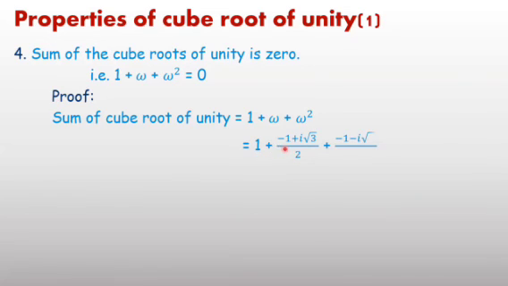Put the value: 1 plus value of omega, considered as minus 1 plus i root 3 upon 2, then omega square will be minus 1 minus i root 3 upon 2. Taking LCM and simplifying, here easily you will get plus i root 3 minus i root 3 cancel out, 2 minus 2 will cancel out, 0 upon 2 equal to 0. Therefore 1 plus omega plus omega square equal to 0.